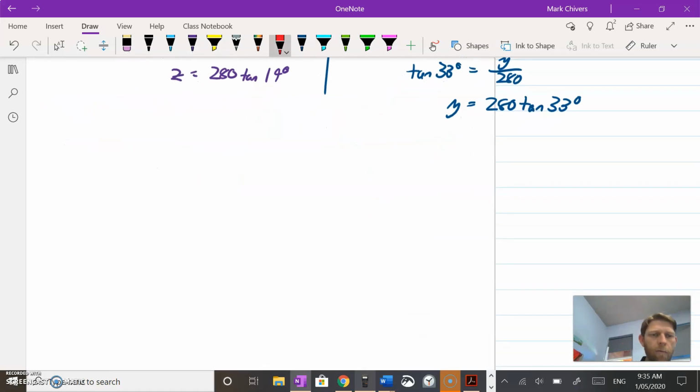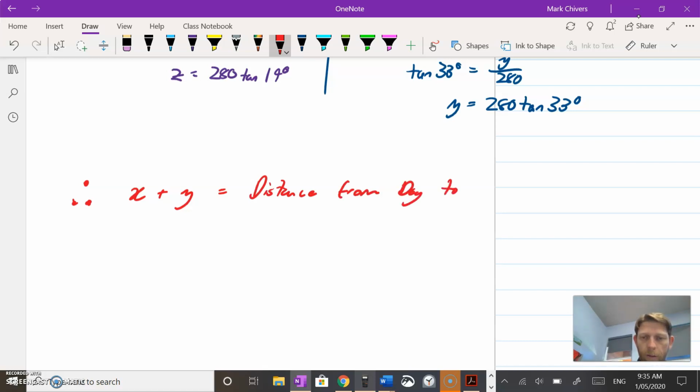Now in this particular case, I'm going to bring those two together. Rather than work those out, I'm going to say therefore z plus y equals the distance from dog to bird. It's not x plus y, it's z plus y, my apologies. So in that case, it's going to be 280 tan 14 degrees plus 280 tan 33 degrees.